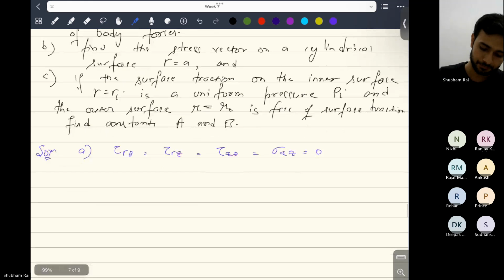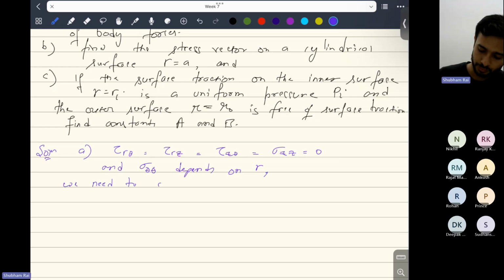Sigma theta theta depends on r only, right? So this means we need to check only the r equation of equilibrium, the equation of equilibrium in r direction.